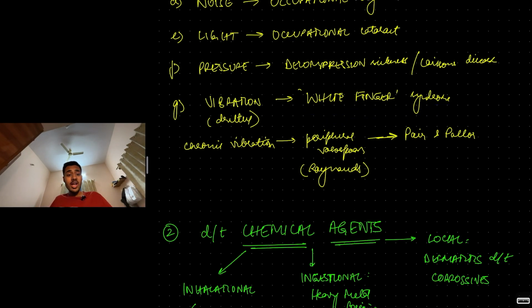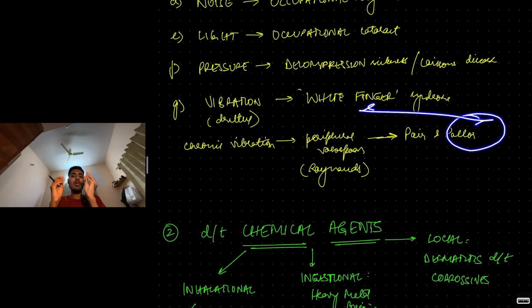How does this white finger syndrome happen? Chronic vibration, continuously they'll be using these drilling machines, so that causes peripheral vasospasm, Raynaud's phenomenon, that leads to pain, pallor, ischemia, infarction, and eventually can even lead to gangrene. But pallor is the reason why it's called white finger syndrome. Understood?